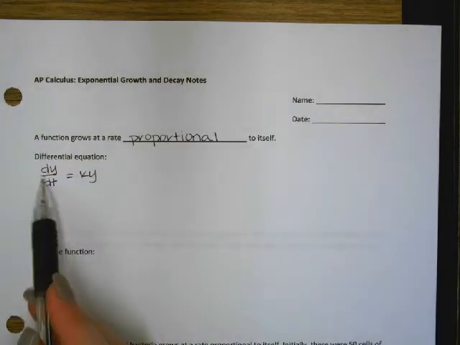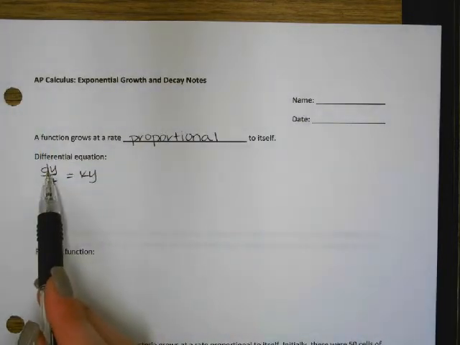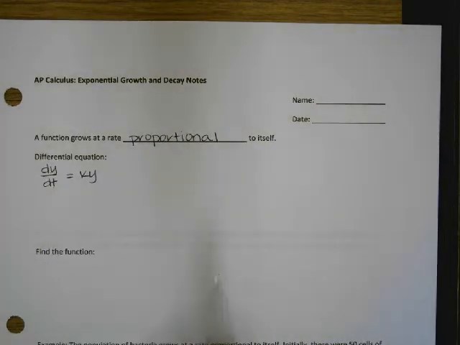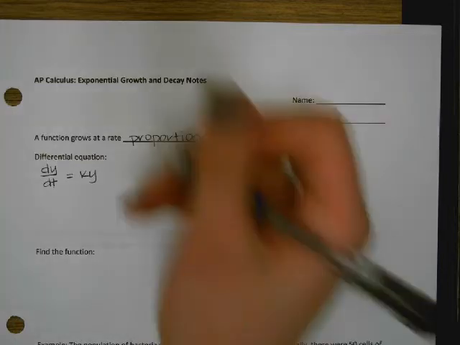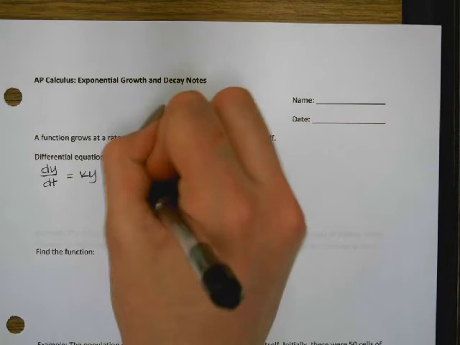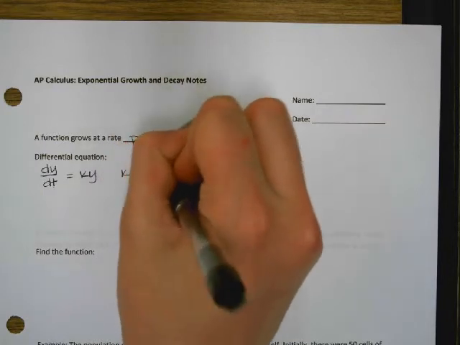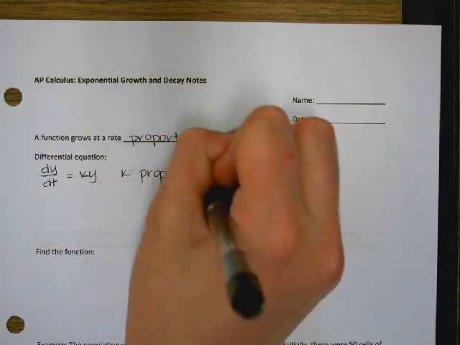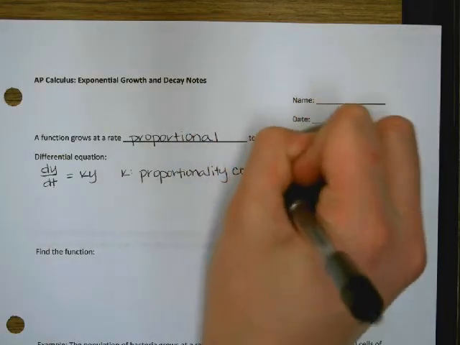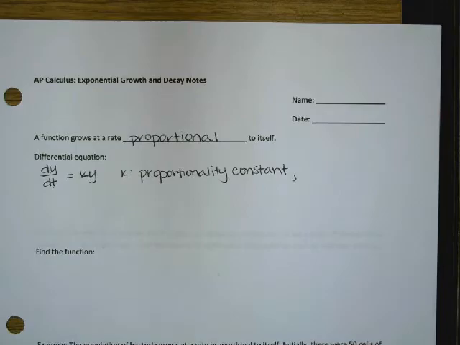So we're saying we're looking at how y changes in relationship to how the time changes, right? So k is going to be our proportionality constant, which is our relative growth rate.